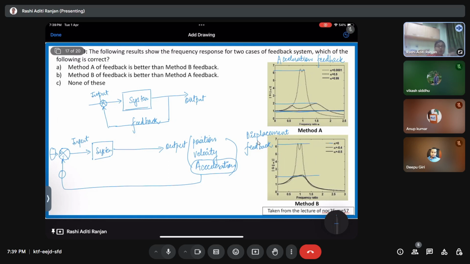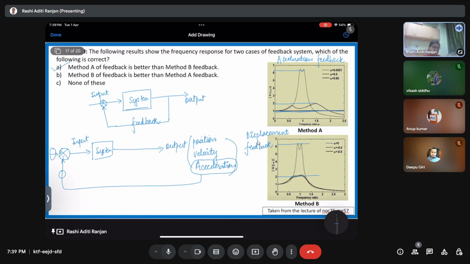So if I have a choice of selecting which feedback is better, acceleration or displacement, what will I choose? I will choose acceleration. So the option, method A of feedback is better than method B, is the correct option. The question is, why is acceleration feedback giving me a better result? See, this is a linear system, right? If I talk about a spring mass system, I have two springs, two masses and everything.